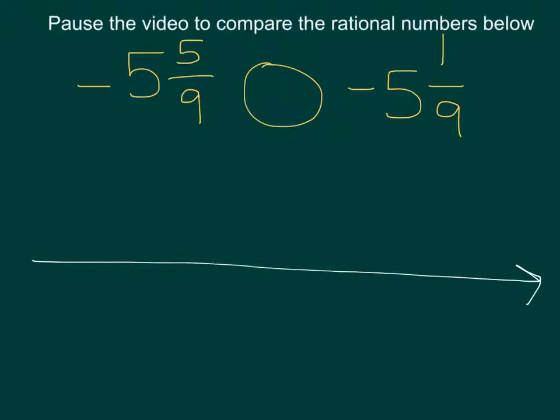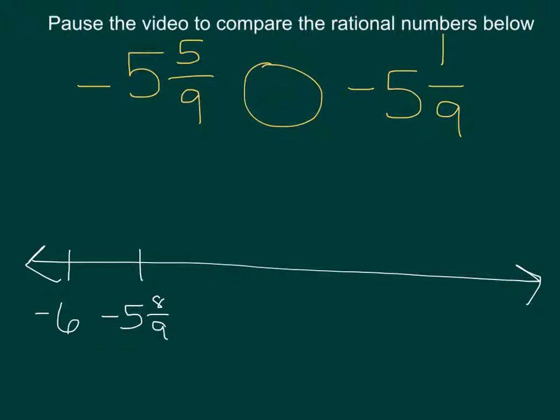So if we draw our number line, again, we know that these two numbers fall between -5 and -6. So let's have -6 here. So then we have our -5 and 8/9, because -5 and 9/9 would be -6.